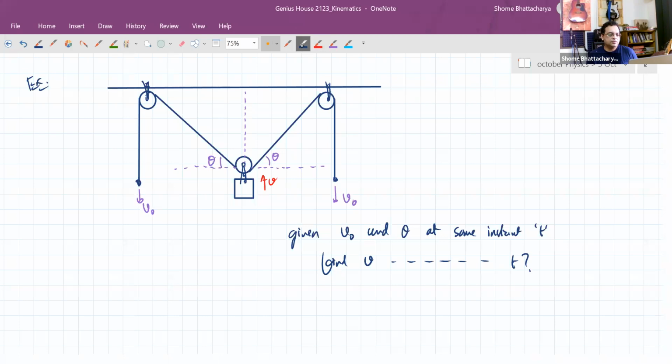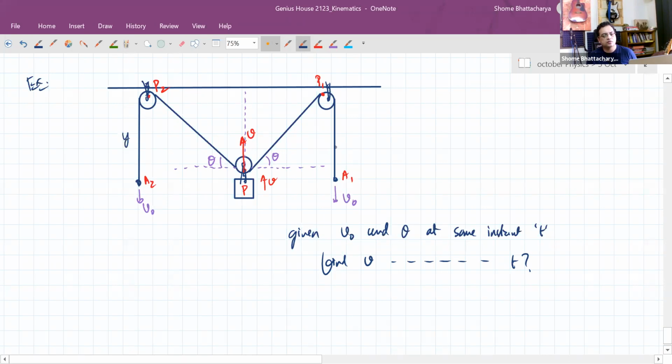Okay, so again, in this, we can make use of this concept. You can treat this point, let's say like a moving point P, and you can treat this point P1 or let's say this point P2 as two fixed points. Now this moving point is moving up at V, and let's say this point A1 or this point A2 is moving down. So you can see that the total thread length is conserved.